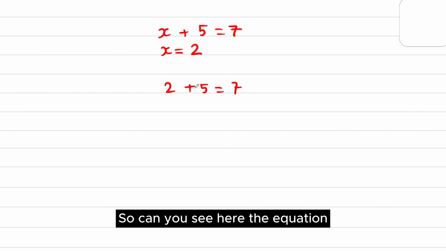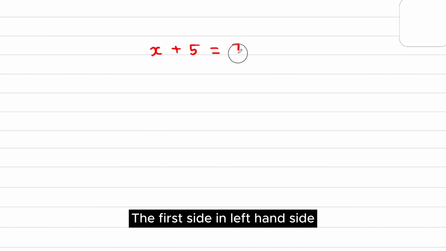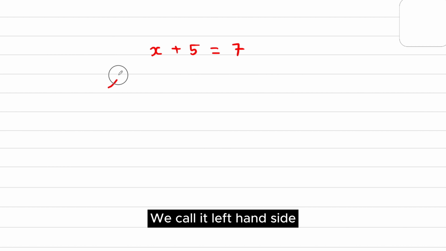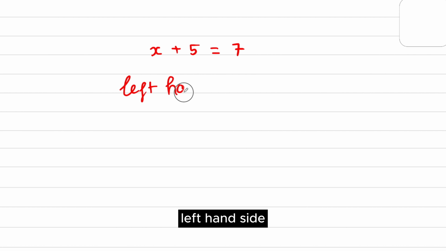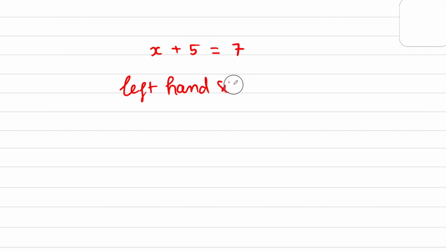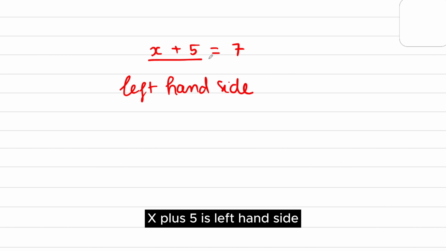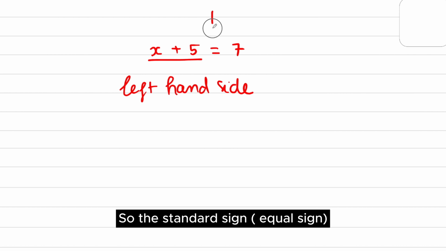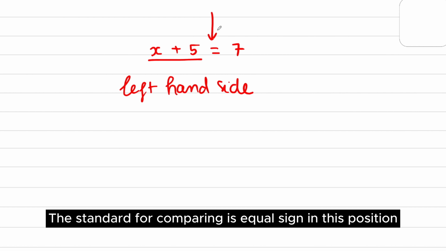Okay, so can you see the equation here? You will have two sides. The first side, we call it the left hand side. Where is the left hand side in this equation? x plus 5 is the left hand side. The standard for comparing is the equal sign in this position.